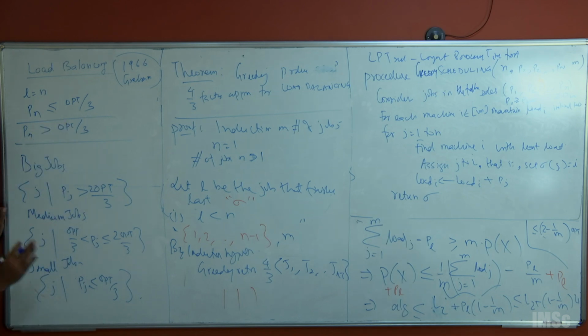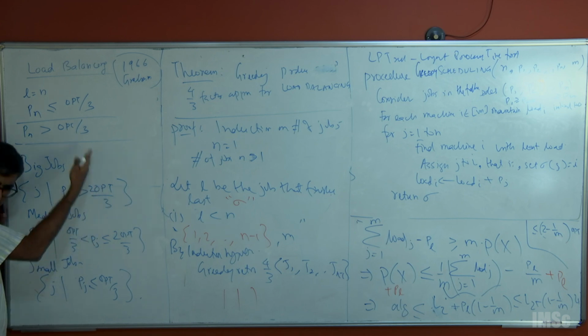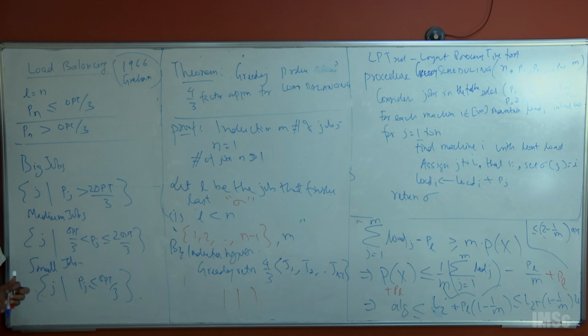Again, it is for the analysis. We don't see these things because we don't know opt. If we knew opt, then I could see all these things. Okay. So there are big jobs, medium jobs and small jobs.